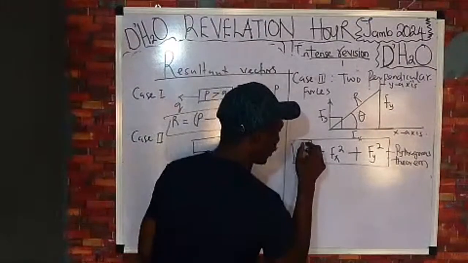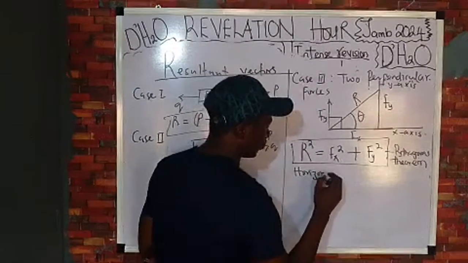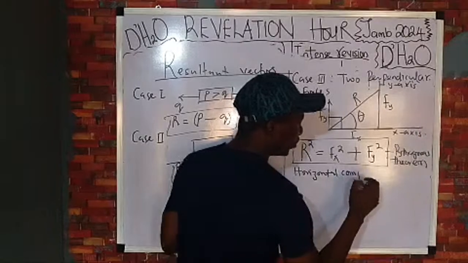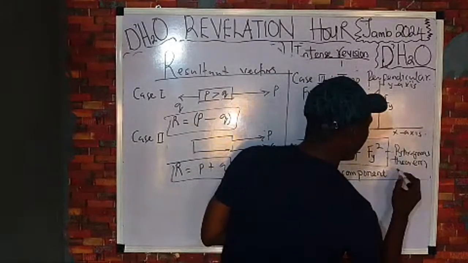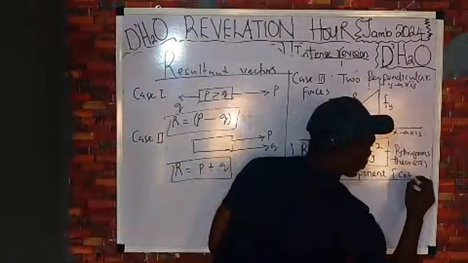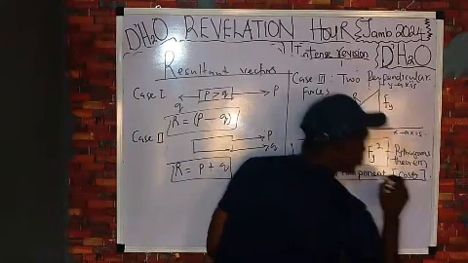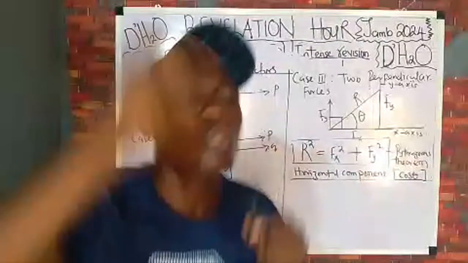Now, the resultant will give us this. This is what we call the horizontal component. Some of you have been taught this in class before. I told you that anytime you use the horizontal component, you must use cos theta. Yes, you must use cos theta. Whenever you are looking for the horizontal component, use cos theta.